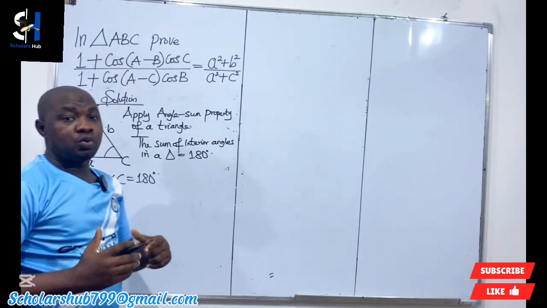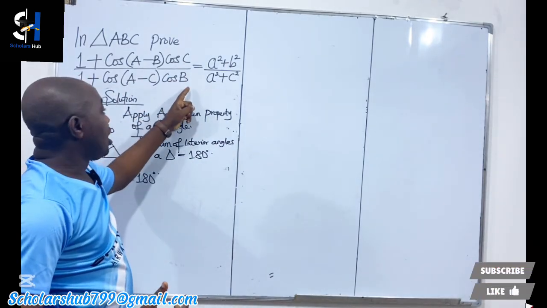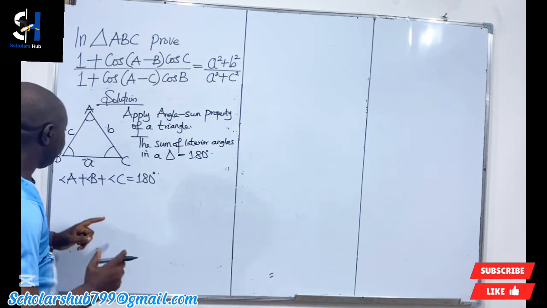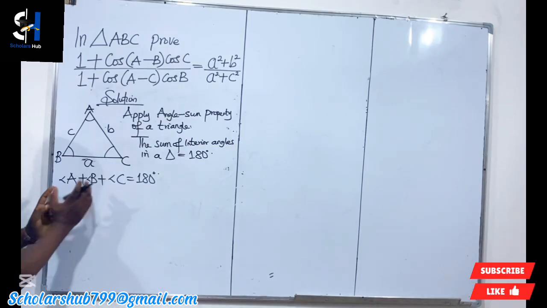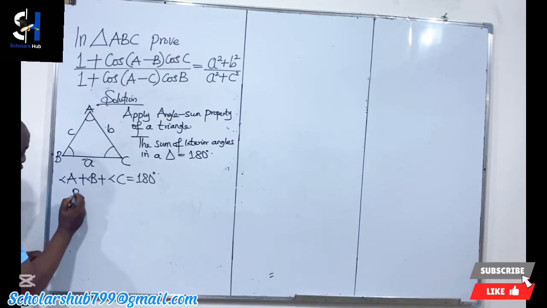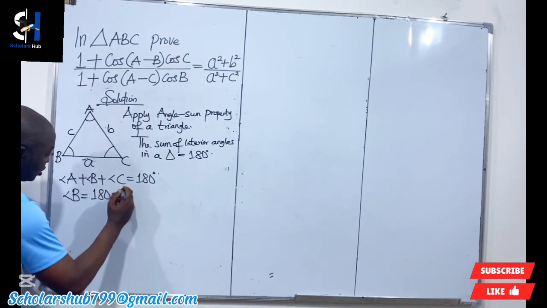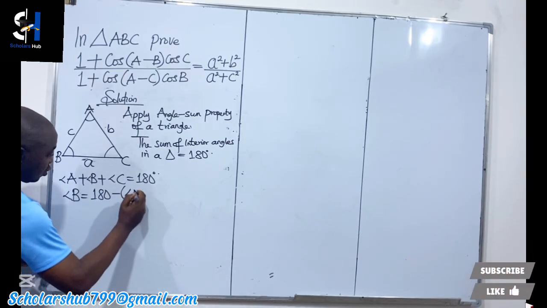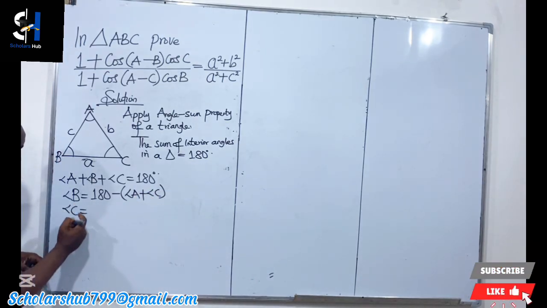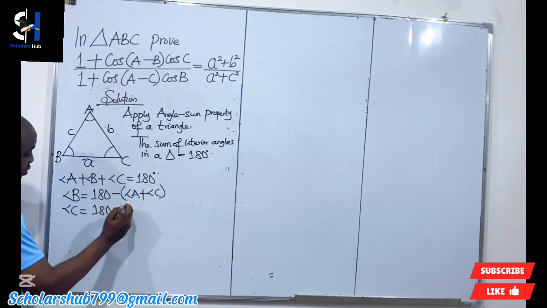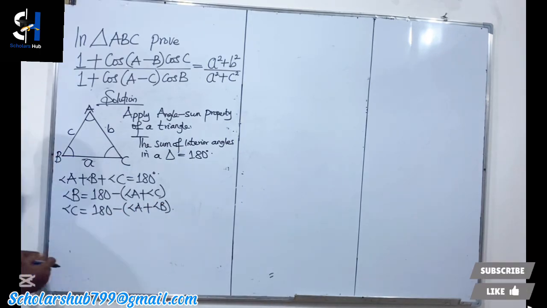Because we need to first write an expression in terms of cosC and cosB, I'm going to solve for angle B and angle C using the same angle sum property. So angle B will be equal to 180 minus (angle A plus angle C), and angle C will be equal to 180 minus (angle A plus angle B).